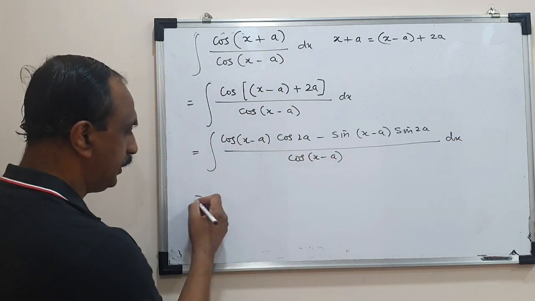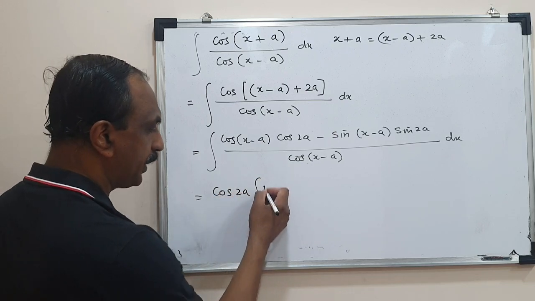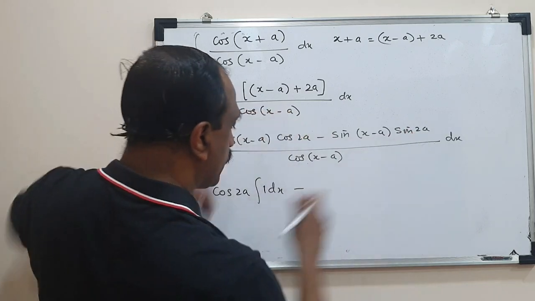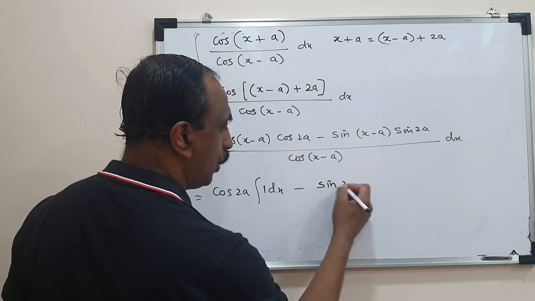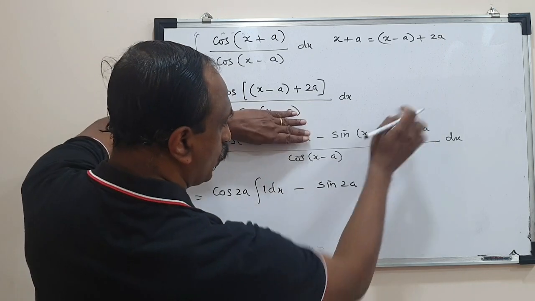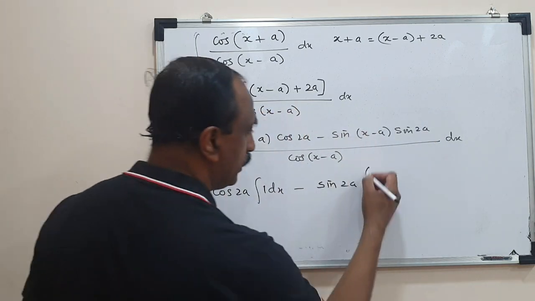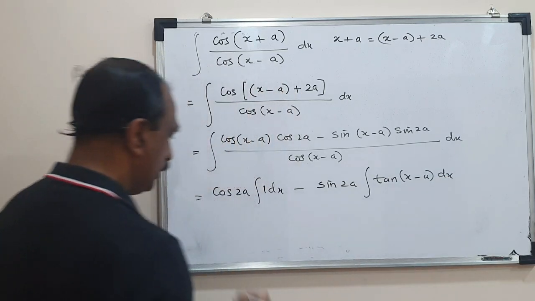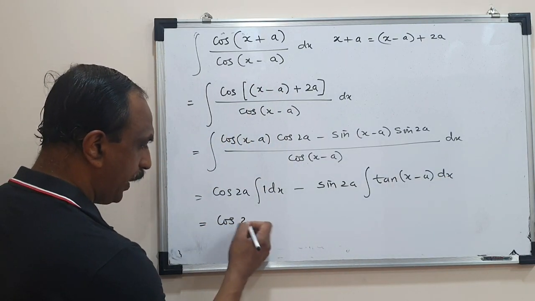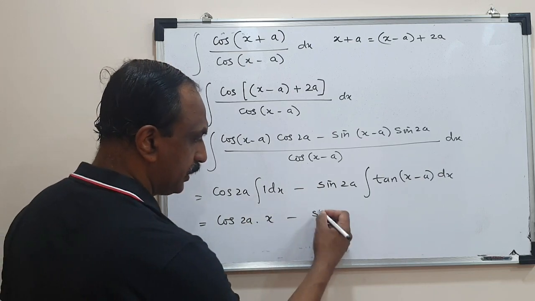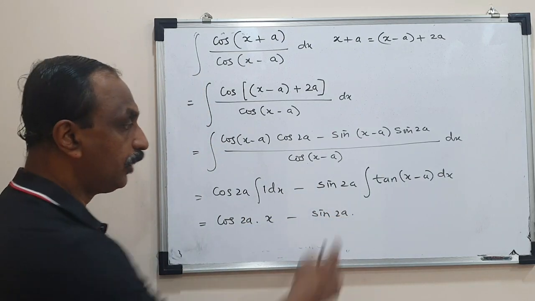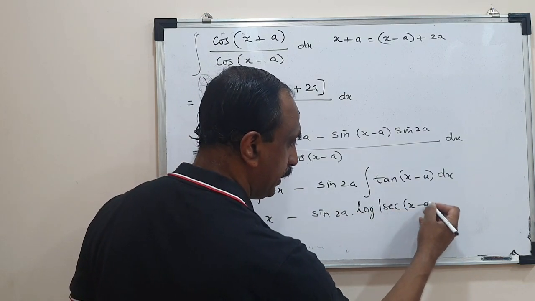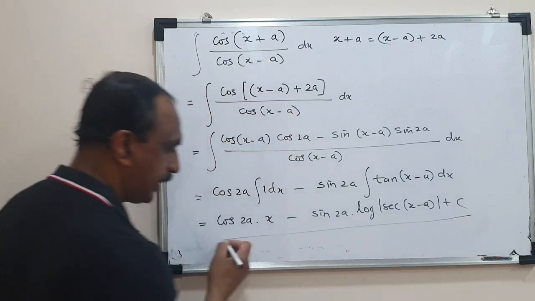So it is cos 2a integral 1 dx minus sin 2a, which is a constant, outside the integral. Sin upon cos is tan, so it is tan of (x minus a) dx. So this became cos 2a into x, minus sin 2a into integral of tan. Integral of tan is log sec x, so sec of (x minus a) plus c becomes your answer.